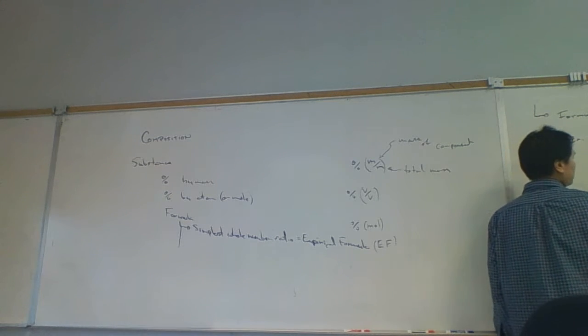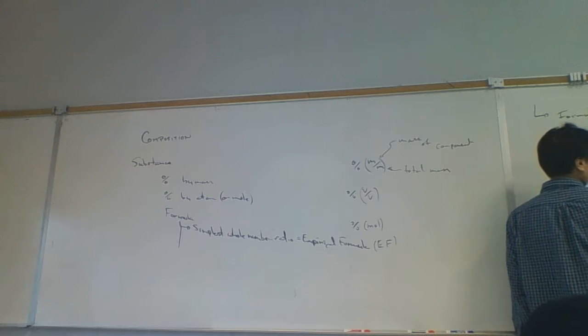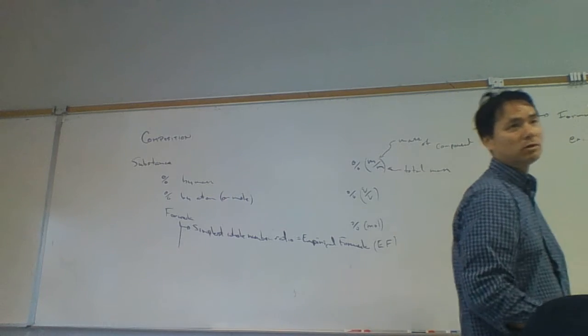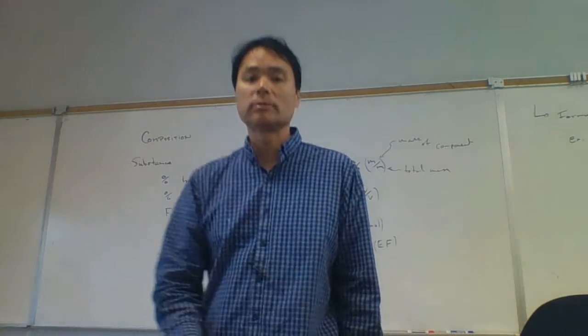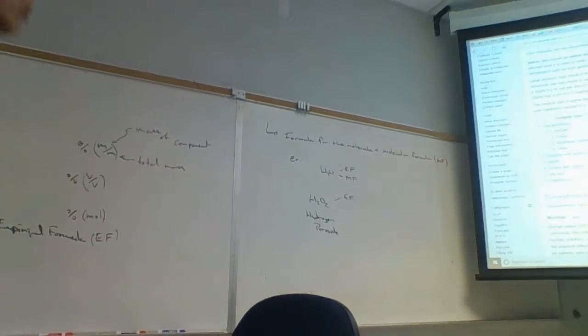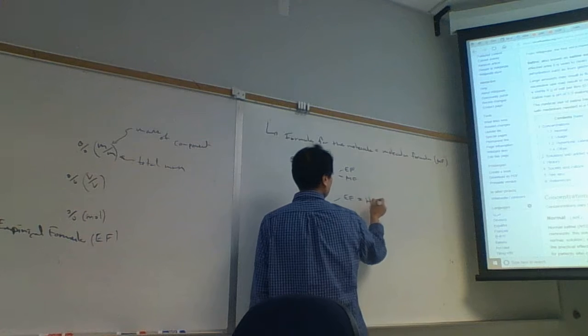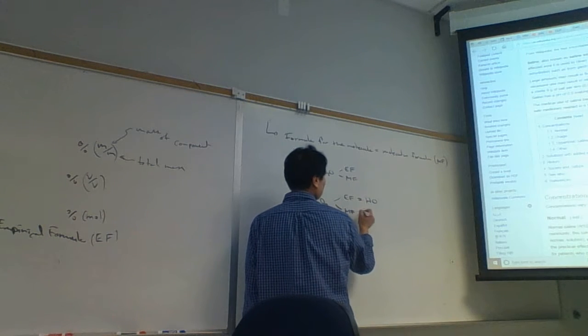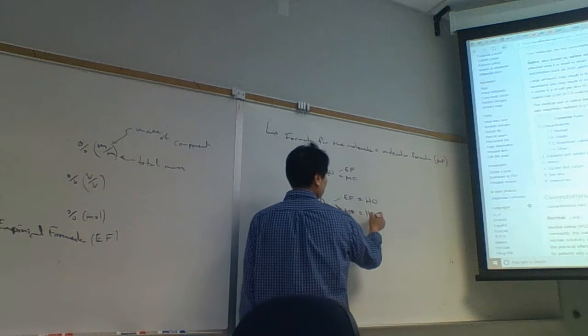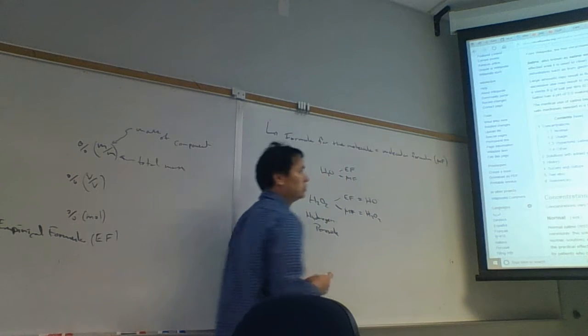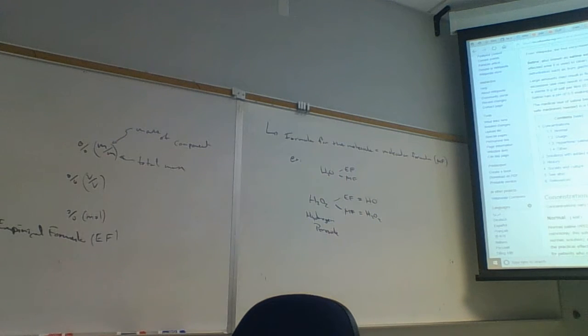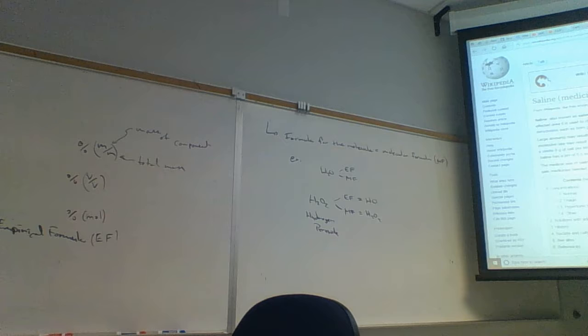For hydrogen peroxide, the empirical formula, well, 2 to 2 is not the simplest whole number ratio. What would the simplest whole number ratio be? 1 to 1. And so the empirical formula for hydrogen peroxide is HO. The molecular formula for hydrogen peroxide is H2O2, because when we look at H2O2, that would be one molecule, which would consist of 2 atoms of hydrogen and 2 atoms of oxygen.